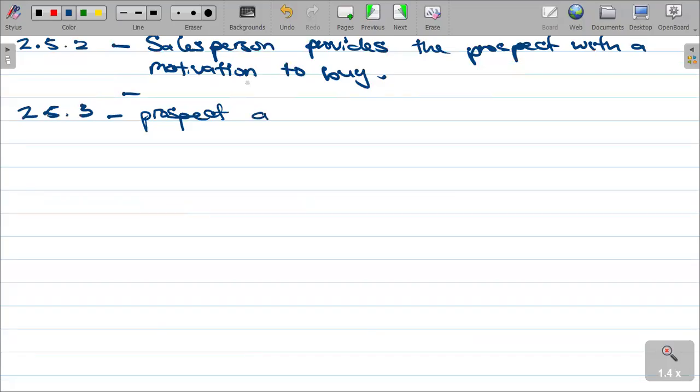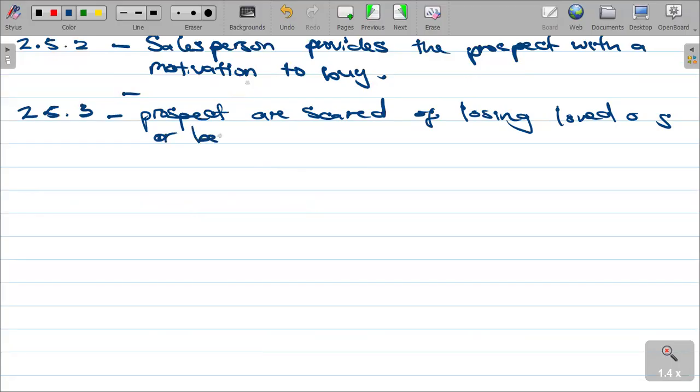Prospects are scared of losing loved ones, or maybe are scared of losing their belongings.